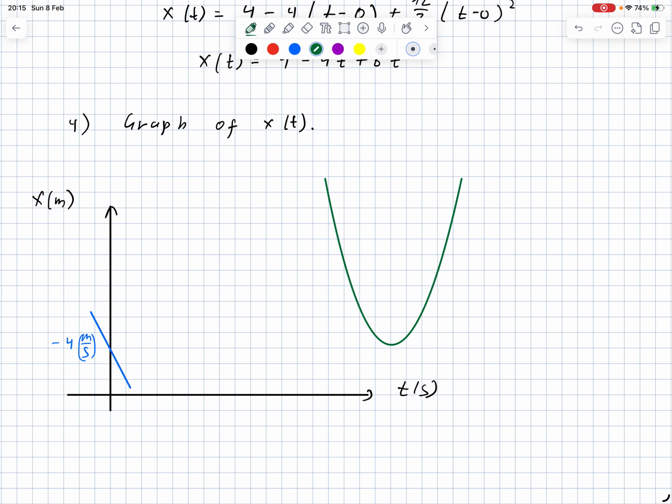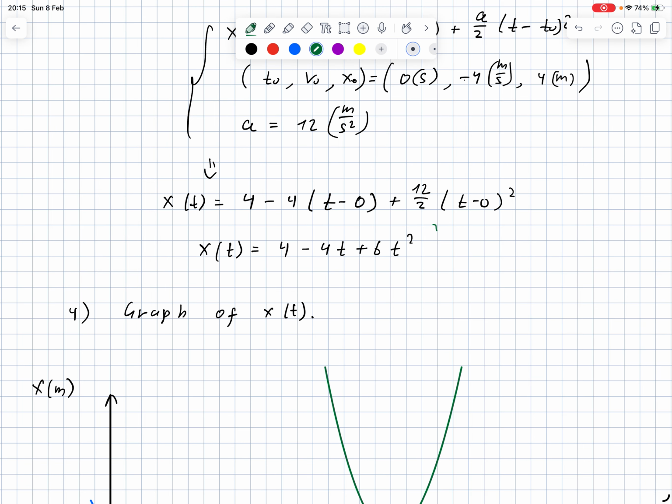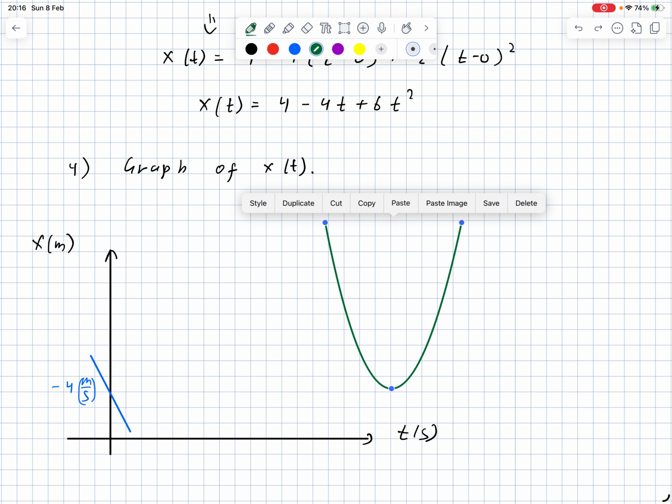Or if you can derive this function, you will get the velocity, which is minus 4 plus 12t. But suppose we don't know that, however, we need to understand that the tangent of this function at any given time, suppose 0 seconds, is actually the instantaneous velocity at the same time of 0 seconds.